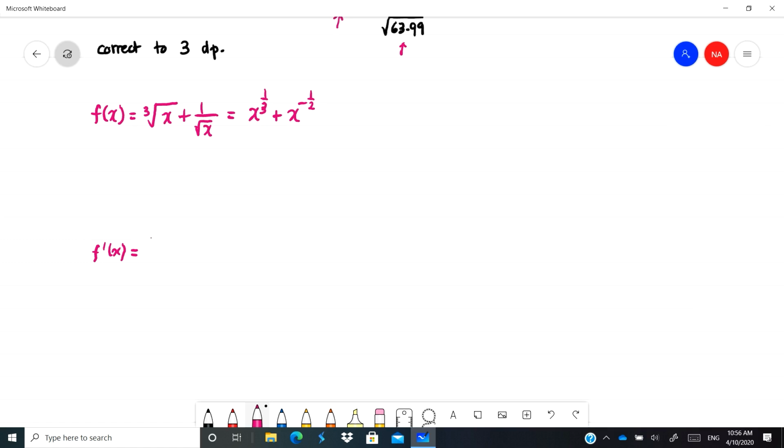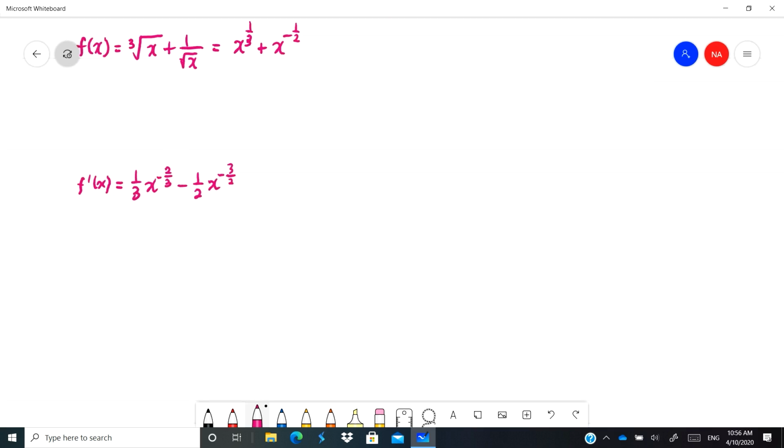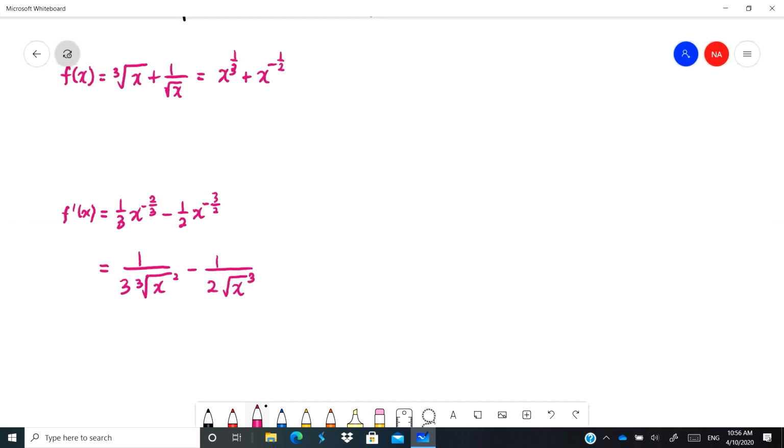Differentiating this, we'll get 1 over 3 x to the power of negative 2 over 3 minus 1 over 2 x to the power of negative 3 over 2, all right. So we can simplify this into 1 over 3 cube root of x to the power of 2 minus 1 over 2 square root of x to the power of 3.